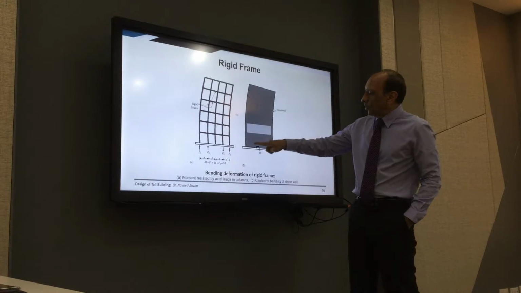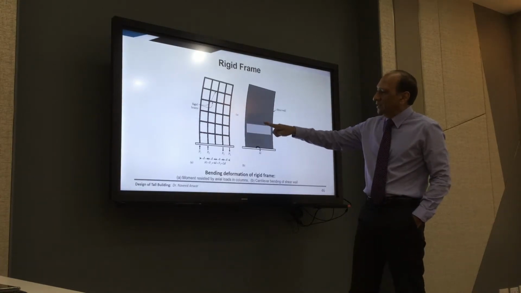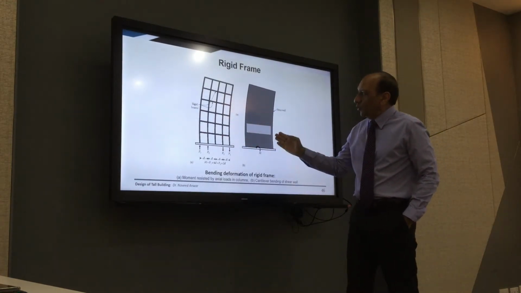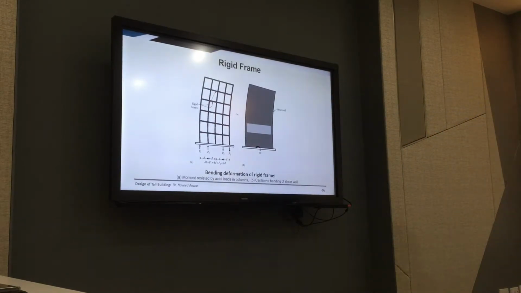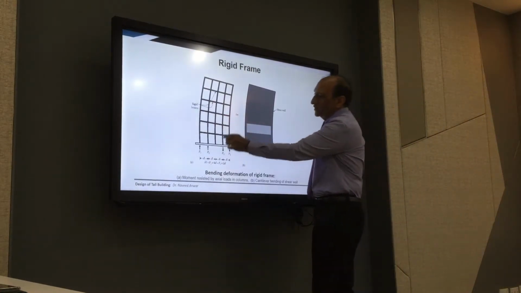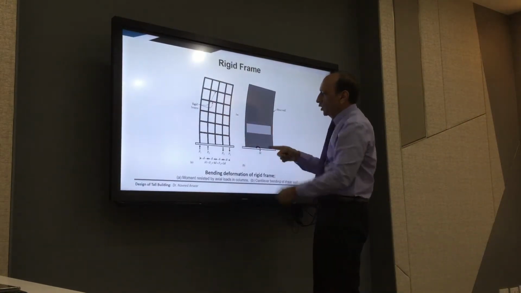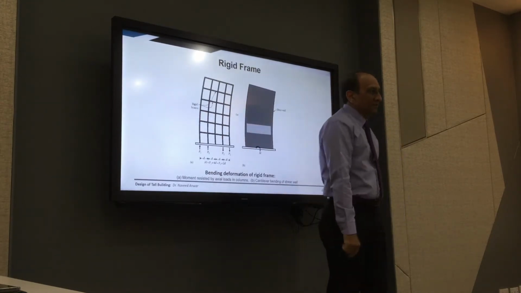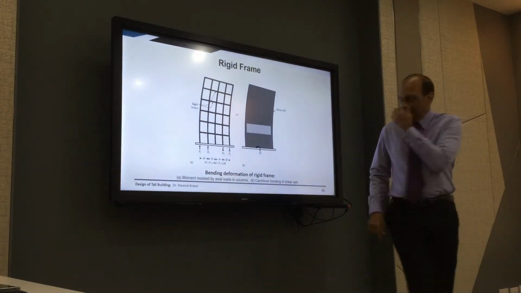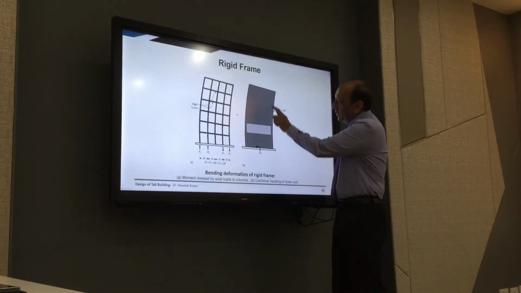So if this is the shear wall, this is any shear panel, and the shear wall can be thought of as being made of invisible columns and beams. So if I take this wall and I divide it into invisible columns and beams, right? Let's say this is the shear wall and I say there's a column here.